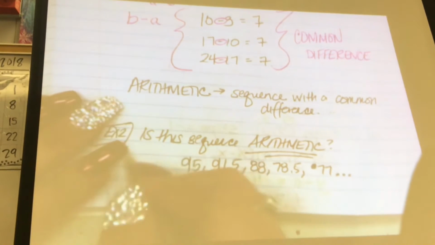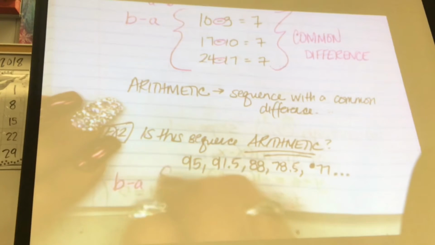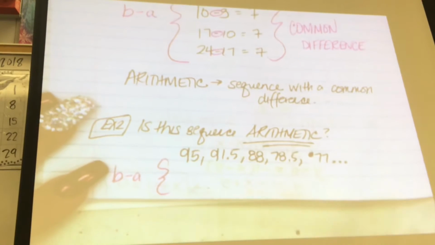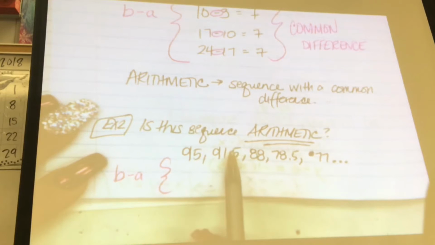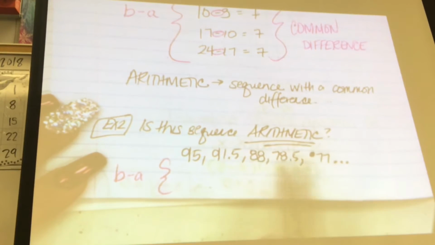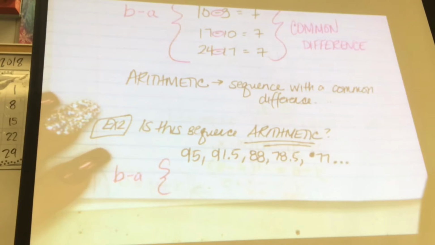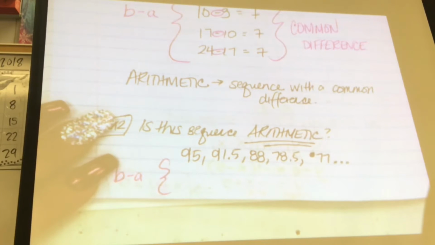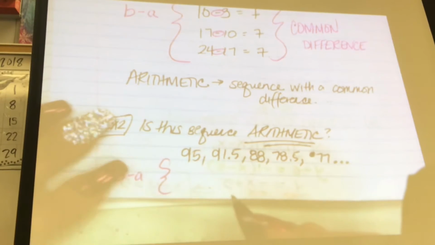What we're going to do is B minus A. We're going to take the second number and subtract it from the first number, and then the third from the second, and then the fourth from the third, and so on, and see if we have the same difference. Take out your calculators. Here we go. JJ, what's the first one I'm going to do? What minus what?